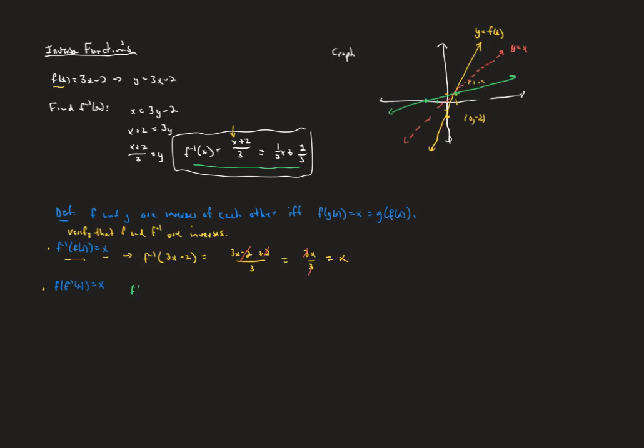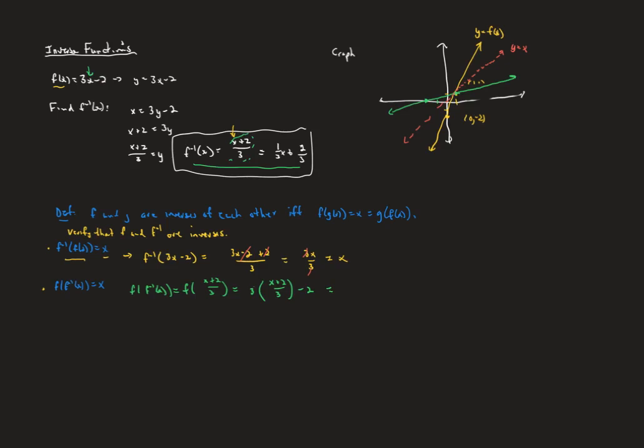Similarly, we have to show that f of f inverse of x is going to equal x. So this time I'm going to pick f inverse, and I'm going to again pick the big fraction, and plug that in place of x in the f function. So that's going to become 3 times the x plus 2 over 3 going in place of the x, and we still have that minus 2.